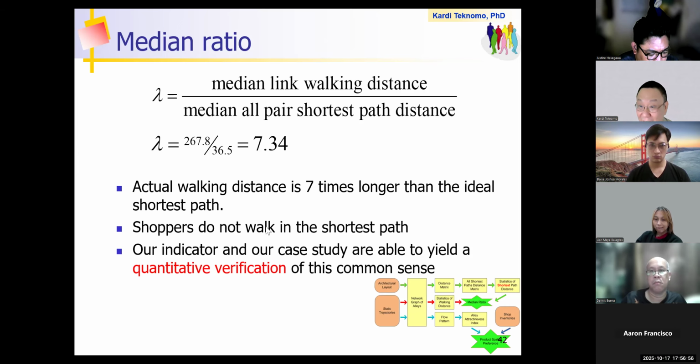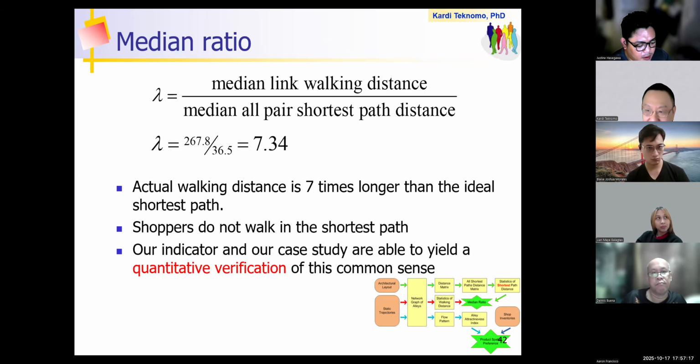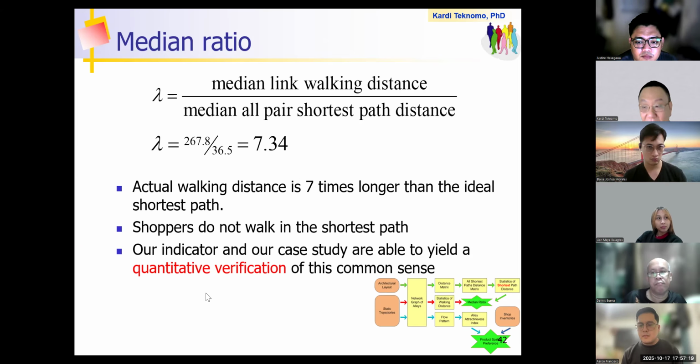Interesting. So how much longer? More than 7 times. So we can actually get the number. This is in Surabaya. Maybe you can get a different value in a different mall. So you can repeat the same study with a different technique. And this is a quantifiable verification of common sense.